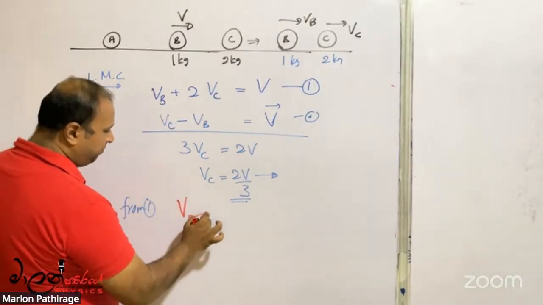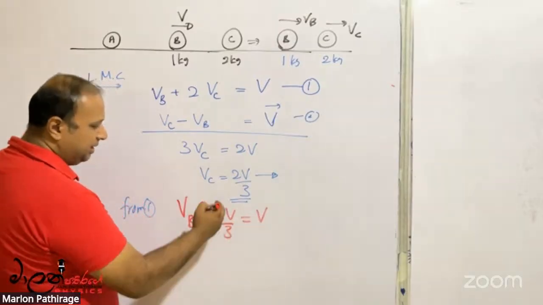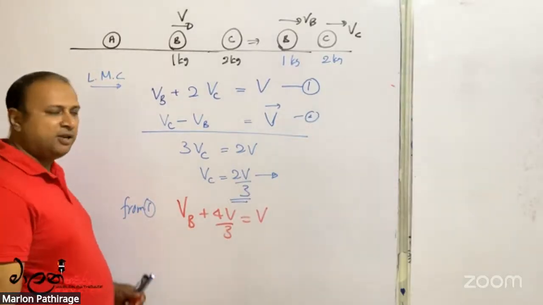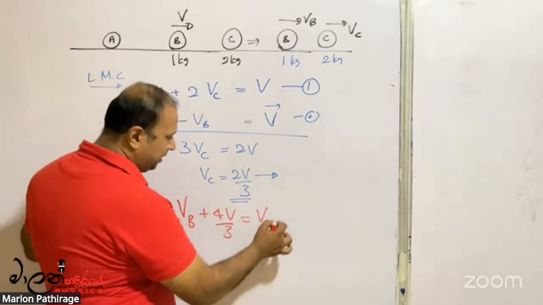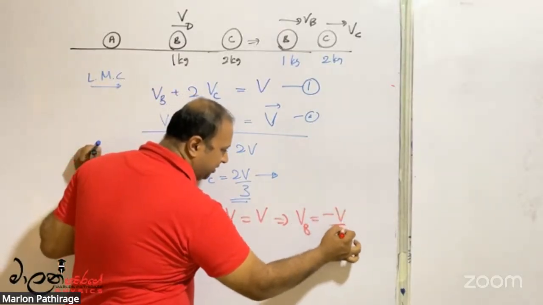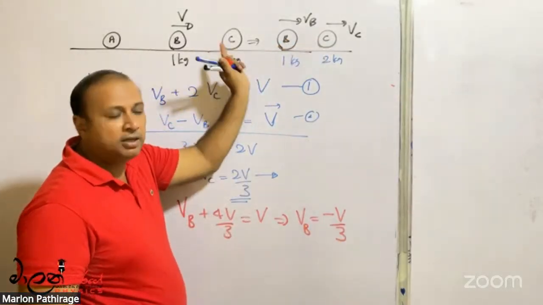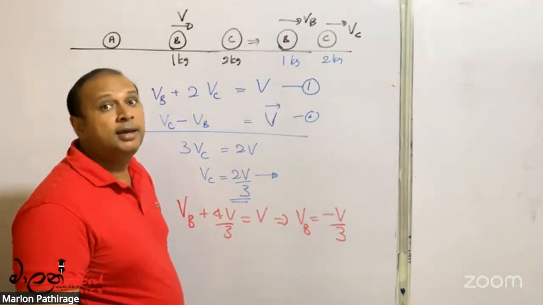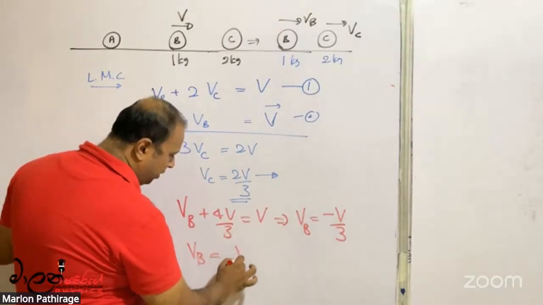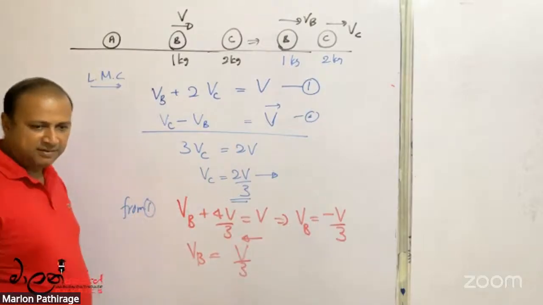Therefore, VB plus 4V over 3 is equal to V. Then you take this to that side, and it becomes minus V over 3. Therefore, VB is equal to minus V over 3. Minus V over 3 means you have to reverse the direction. Therefore, VB is V over 3 to this side.